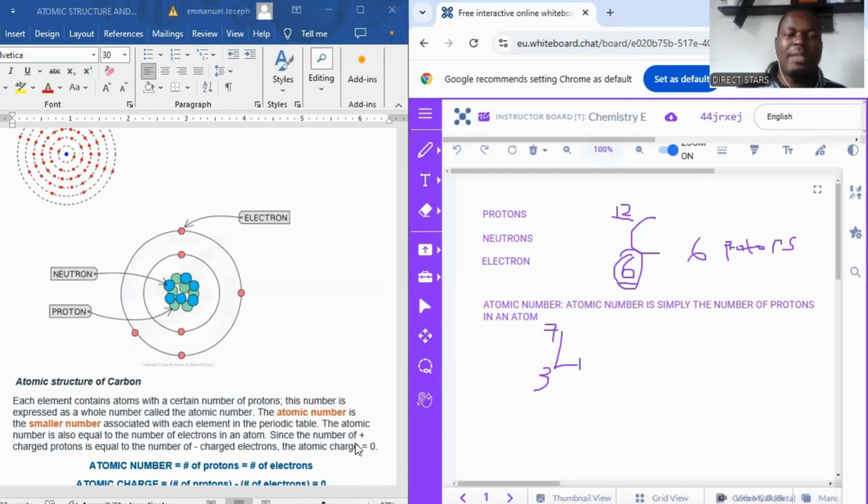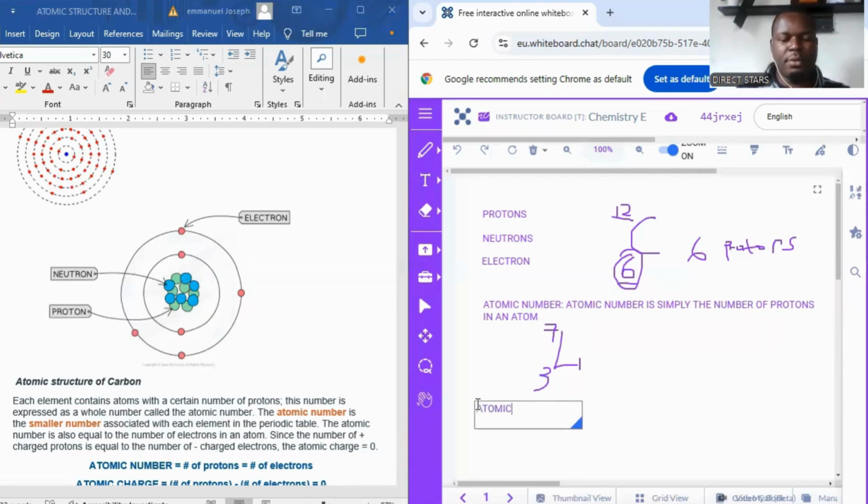Okay, so the atomic number is also equal to the number of electrons if we are considering an atom. Okay, in an atom, the number of protons is equal to the number of what? Neutron. I mean electron. Sorry for that.